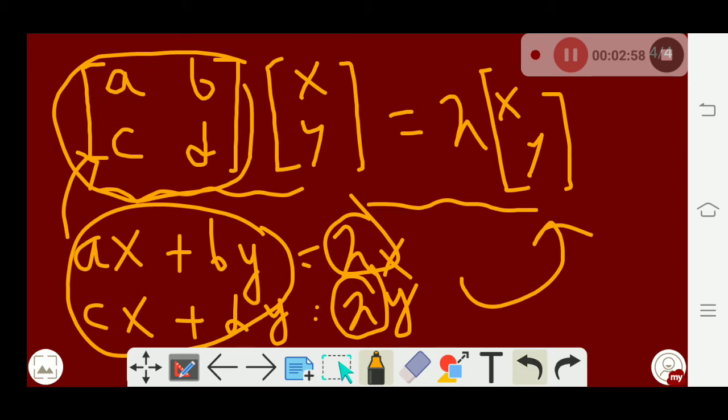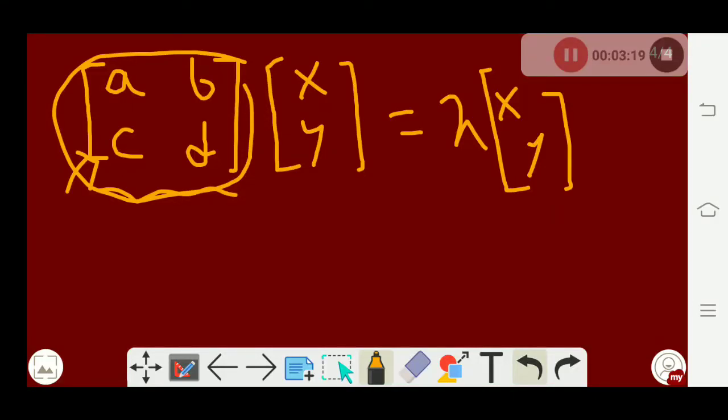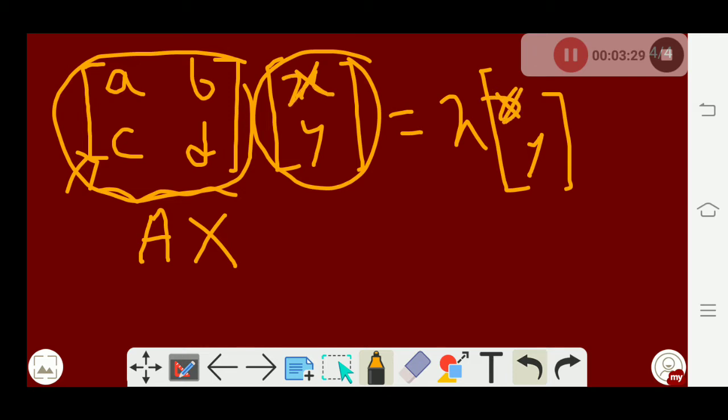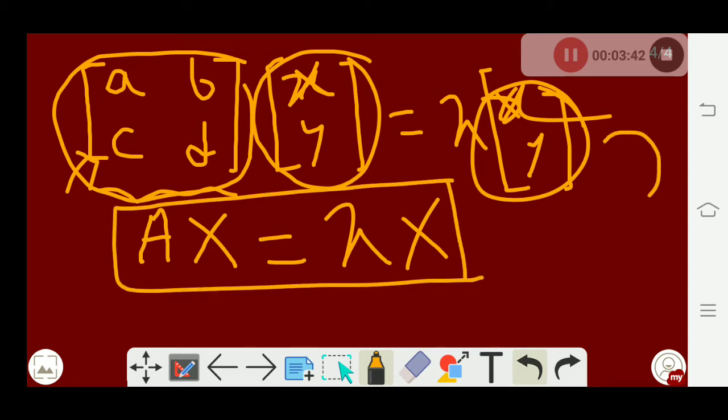We assign the matrix A as A, B, C, D. I write the column matrix x, y as capital X, and this is the matrix equation.